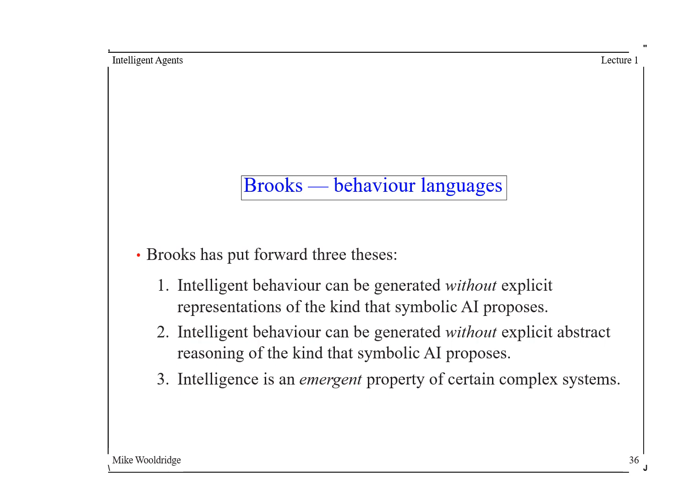Brooks has put forward three points. One, intelligent behavior can be generated without explicit representation of the kind that symbolic AI does. Two, intelligent behavior can be generated without explicit abstract reasoning of the kind that symbolic AI does. And three, intelligence is an emergent property of certain complex systems.